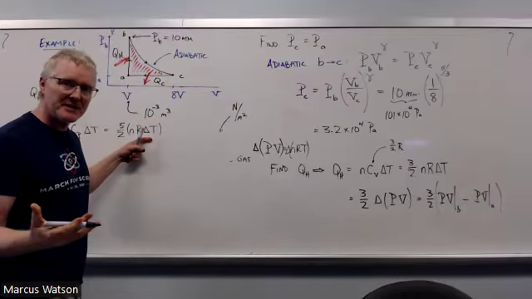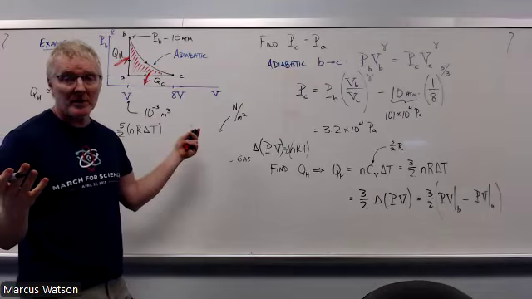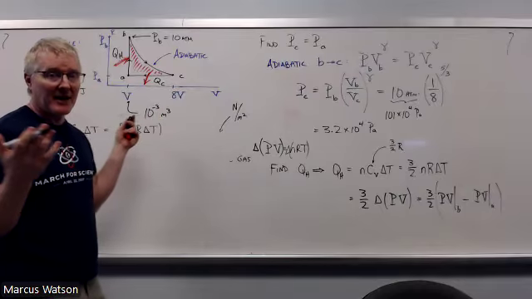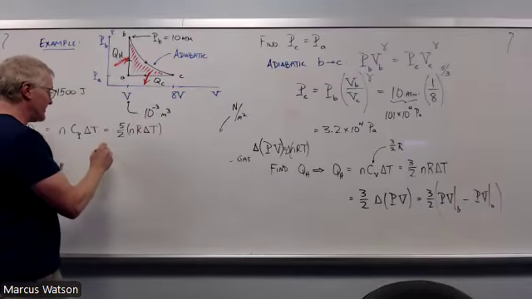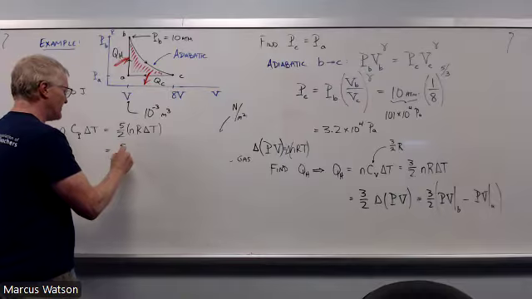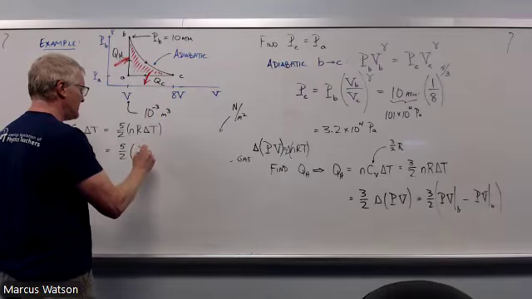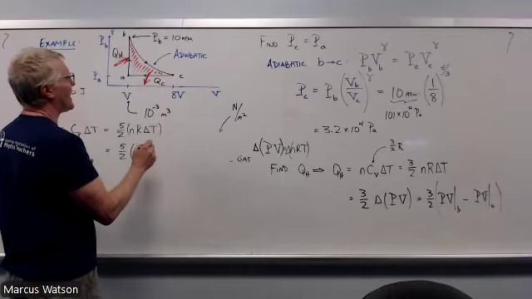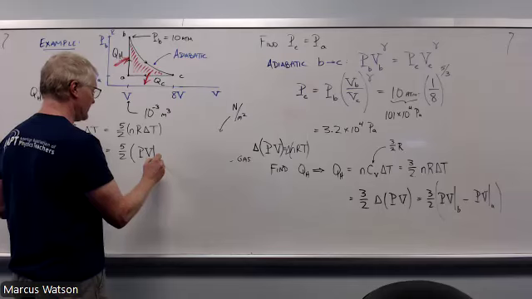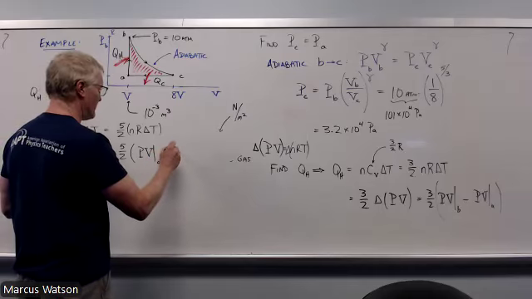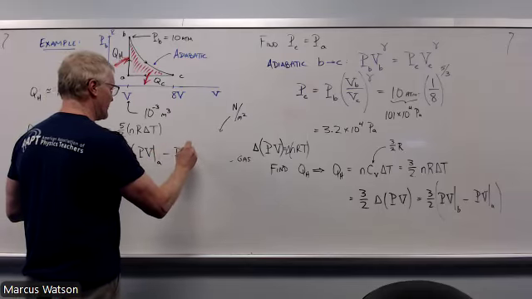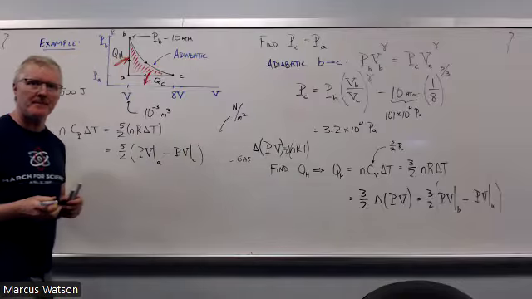And if I pull the same trick as I did down there, all I've got to worry about is the P and V, and I don't need to calculate what the actual T is. So this is going to be 5/2 of PV evaluated at final, which is A, minus PV evaluated at C, which is the initial.